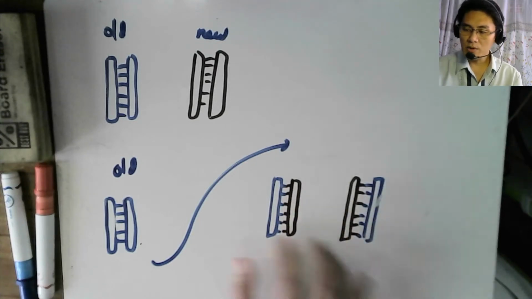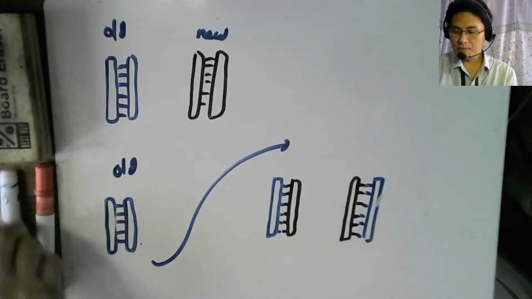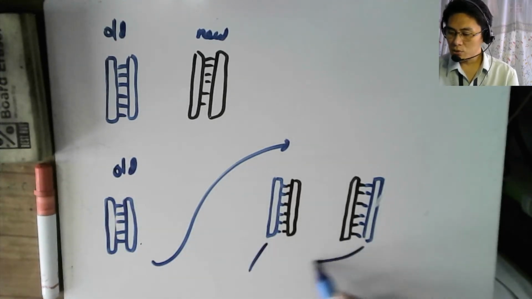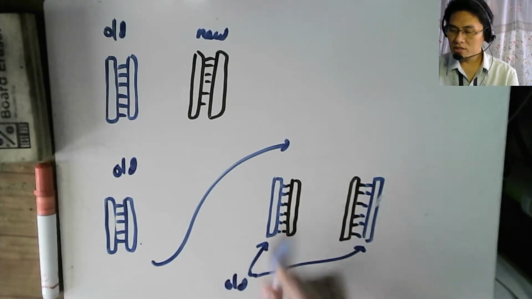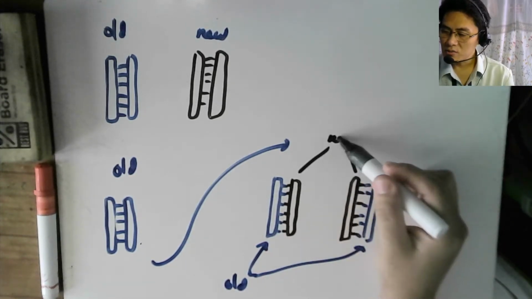So that's why we call this process a semi-conservative process, because technically speaking, you have two new DNA molecules, but in those DNA molecules, one strand of it is old, while the other strand is new.